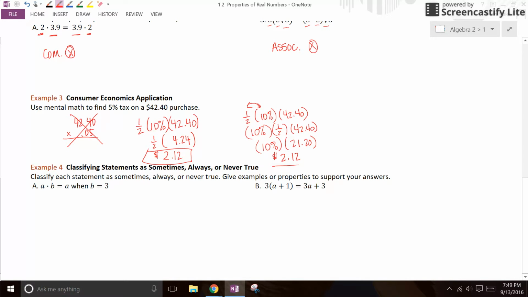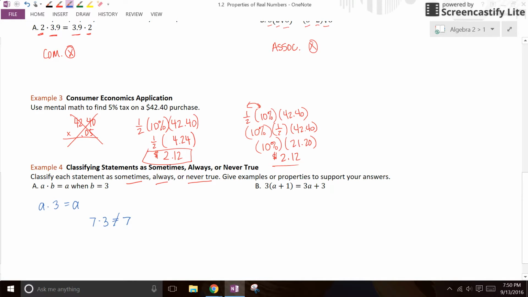Classify each statement as sometimes, always, or never true, and give examples to support your answer. All right, so first thing I'm going to do is I'm going to be like, all right, A times B is A. Ooh, so if B is 3, so that's like A times 3 is equal to A. When is that true? Is that true all the time? Well, no, because I plug in the number 7 and I get 7 times 3 does not equal 7.